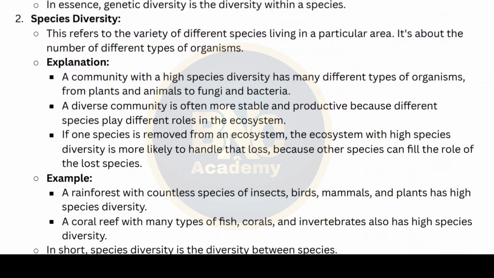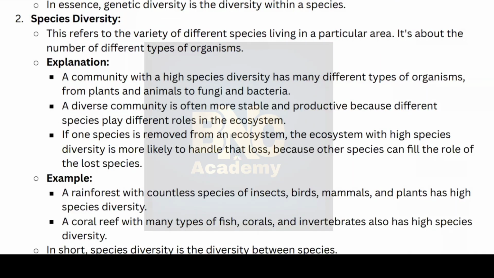species diversity. So we can say species diversity is the tapestry of life, right? So the community dynamic. Species diversity focuses on the variety of different species that live in a particular habitat or ecosystem.